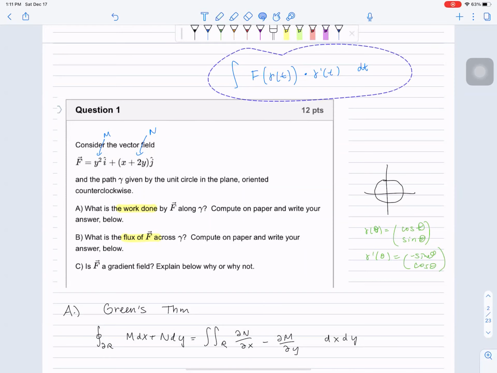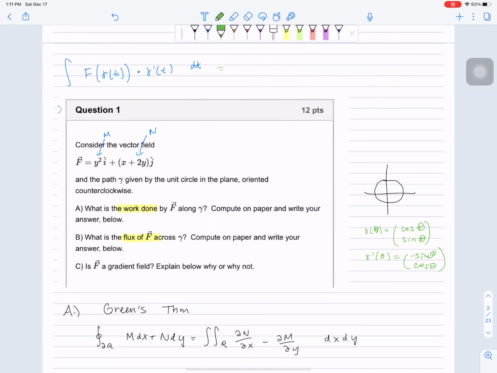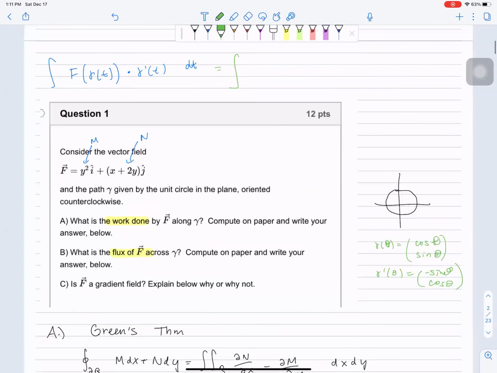So when you do this integral, you would plug your parameterization into your function. So for y, I plug in sine, so I have sine theta squared. And then x plus 2y is cosine theta plus 2 sine theta. So that's my field with my parameterization plugged in.